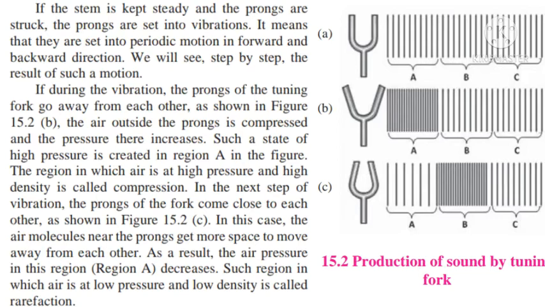Such region in which air is at low pressure and low density is called rarefaction. See, what is meant by rarefaction? The region in which air is at low pressure and low density is called rarefaction. Students, you can see in figure 15.2c.